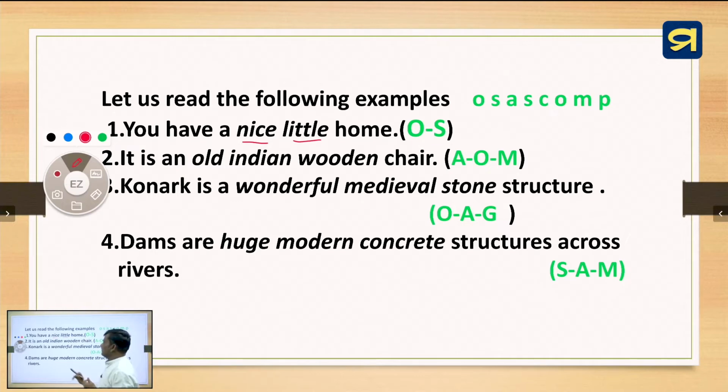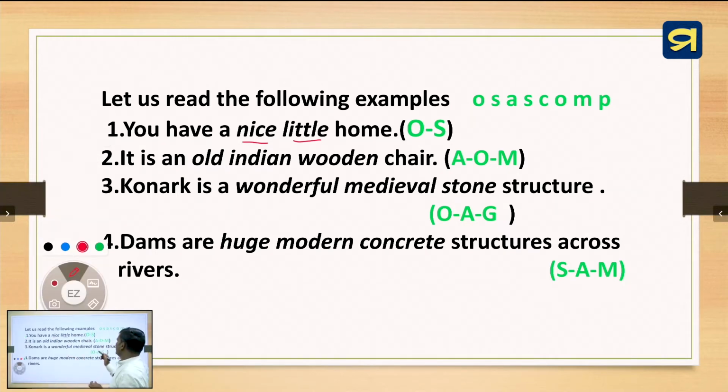Next, example 2. It is an old Indian wooden chair. Look at the adjectives. Old, Indian, wooden. Old refers to time, age. Then Indian. The man who belongs to India is called Indian. Origin, yes, this is origin. And wooden, it is made of wood. That is material. Now follow the rule.